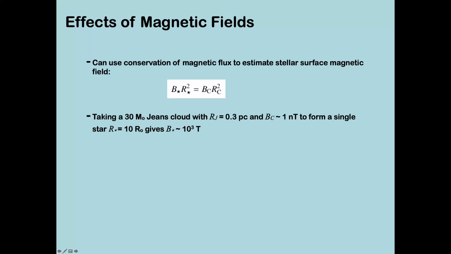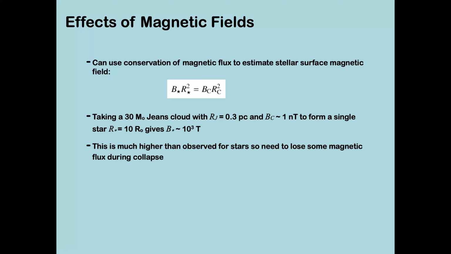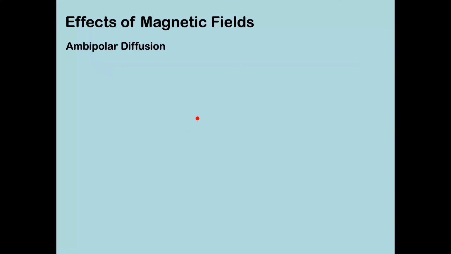Even the Sun's magnetosphere has a magnetic field of the order of between 50 and 400 micro Tesla. So this is again a humongous number, so something is wrong. We need to again get rid of this magnetic flux during collapse. So there are still two things that we need to lose, angular momentum and magnetic flux.